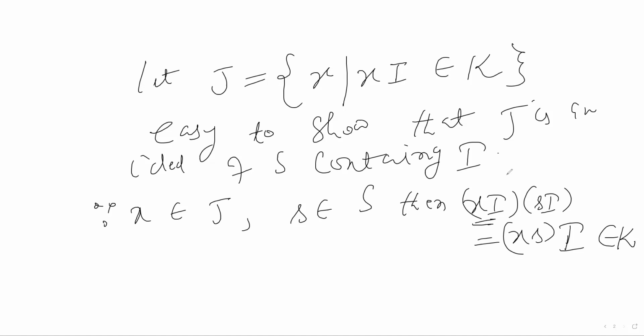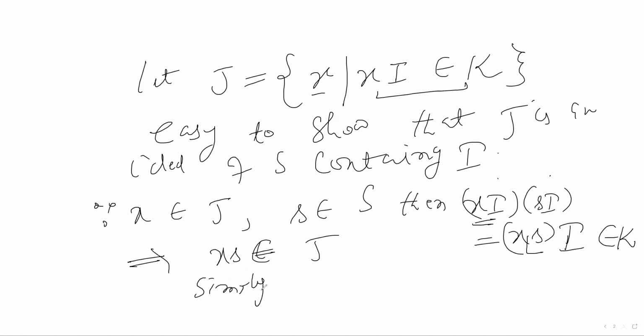So xI product sI is an element of K. But see the definition: J is those x for which this is in K. If this is in K, then this means that xs belongs to J. Similarly, sx belongs to J. So J is an ideal.